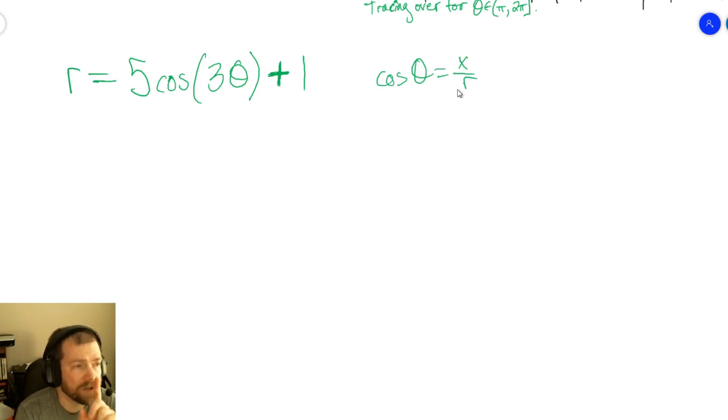You can't mix your variables. Don't do it. So what they'd usually say is, okay, if we can't mix our variables, this is x equals r cosine theta.